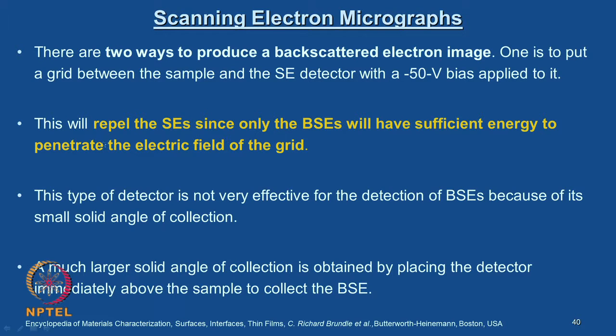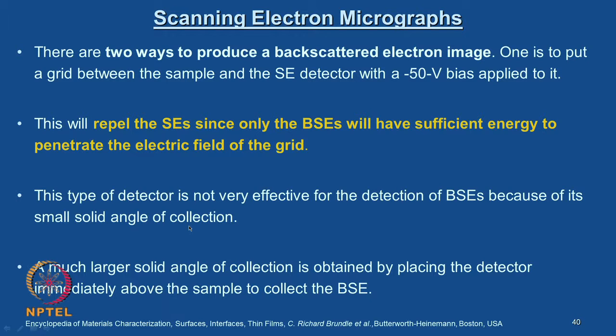If you put negative voltage, it will repel and collect only one. So, similar thing, that is the bias. This will repel the SEs, since only the BSEs will have sufficient energy to penetrate the electric field of the grid. This type of detector is not very effective for the detection of BSEs because of its small solid angle of collection.